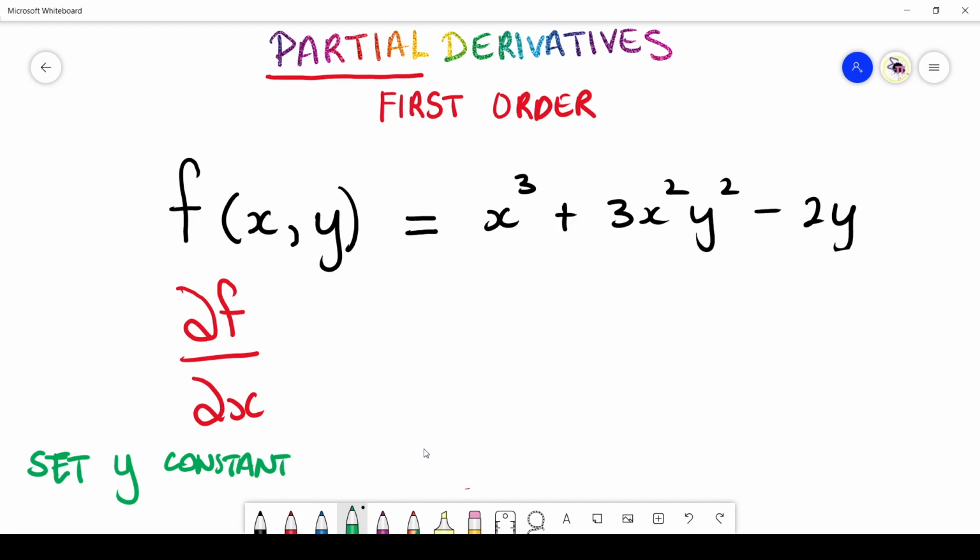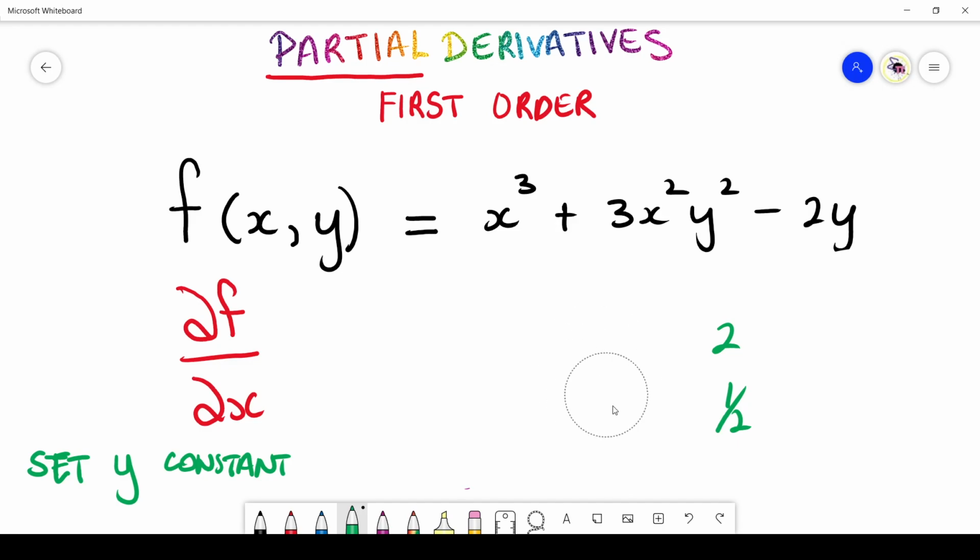What happens when you set things to become constants? Well, basic differentiation rules say that if you have numbers like 5, -1, 2, a half, it doesn't matter, once it's a constant, the derivative of a constant is 0.